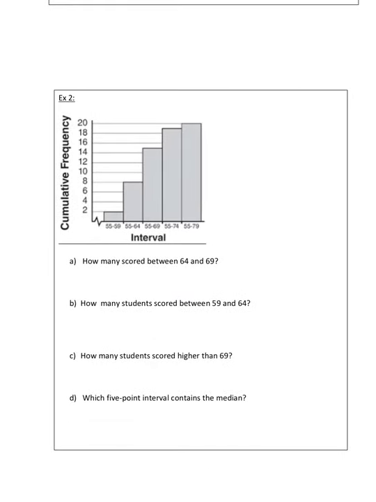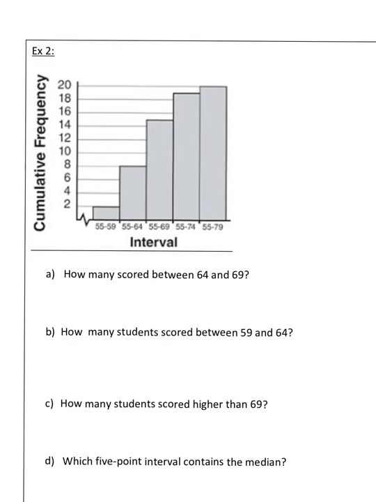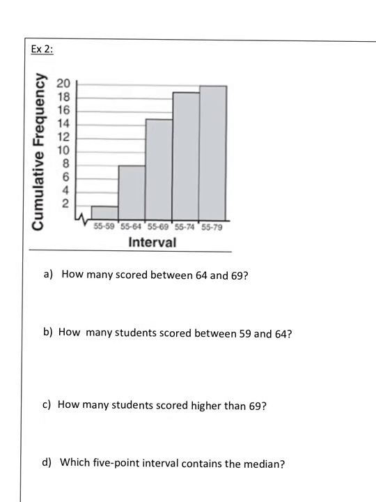Here's another example of a cumulative frequency histogram. Again, identifiable because the bars keep getting taller. You're going to be asked to analyze certain questions where you look at how the bars increased from one to the next. For example, A: how many scored between 64 and 69?